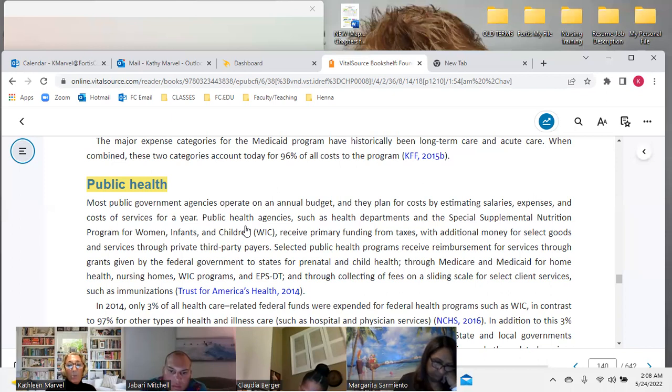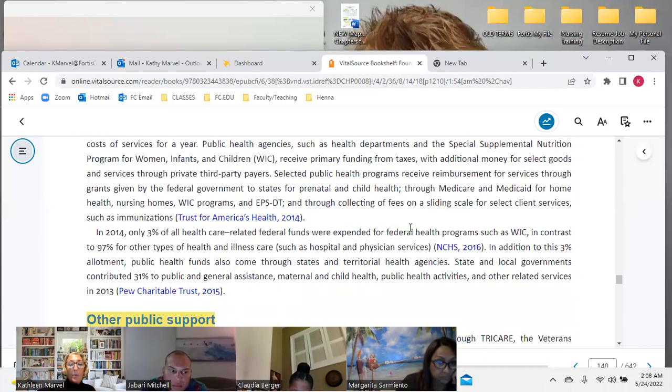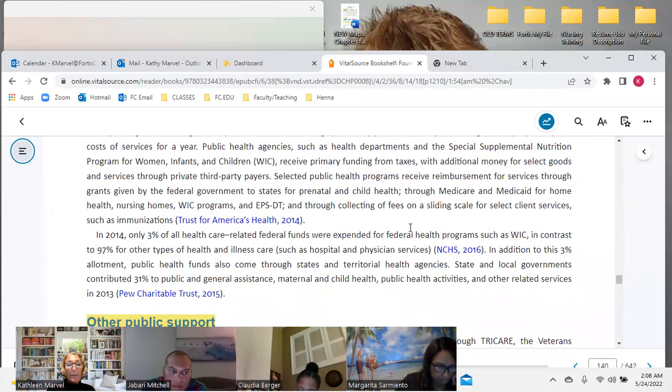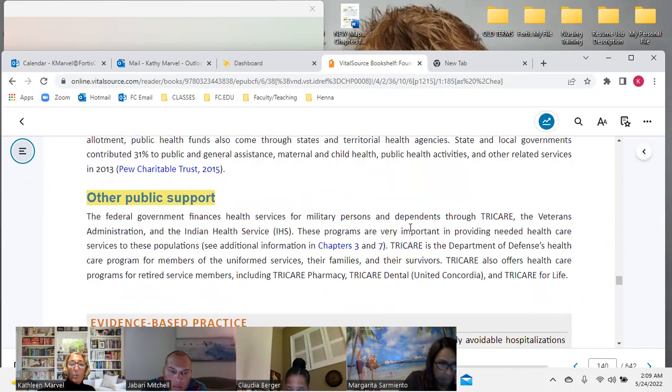They use it in ways that meet the needs of their community: WIC programs, immunization clinics, well baby checks, whatever they need.